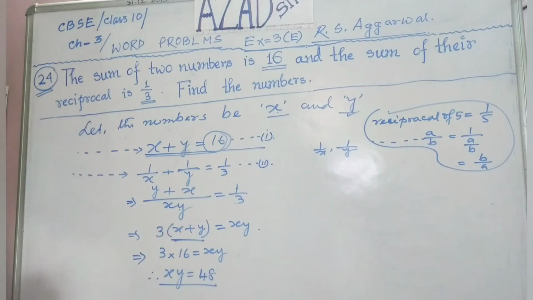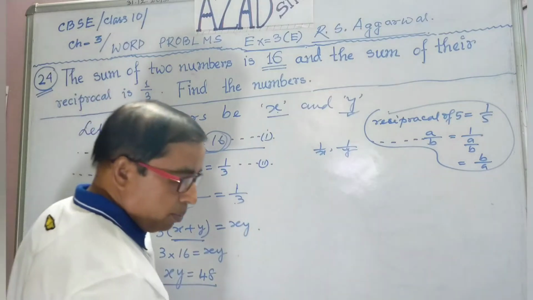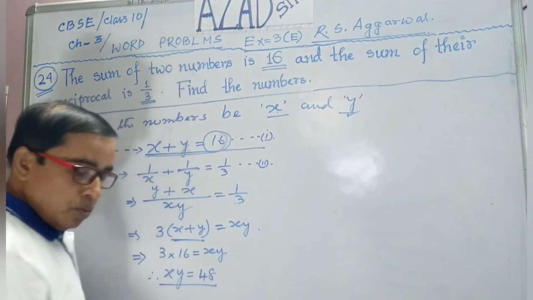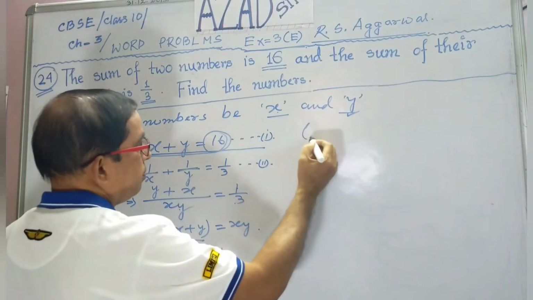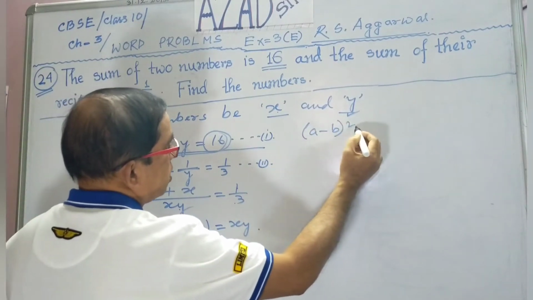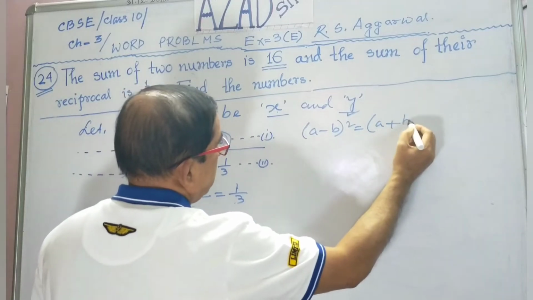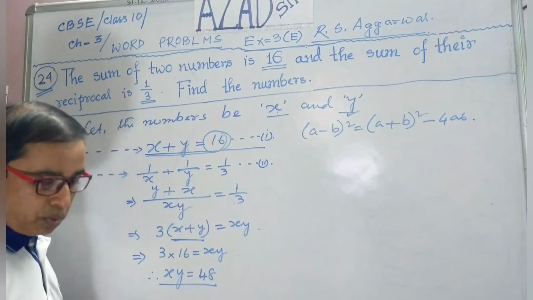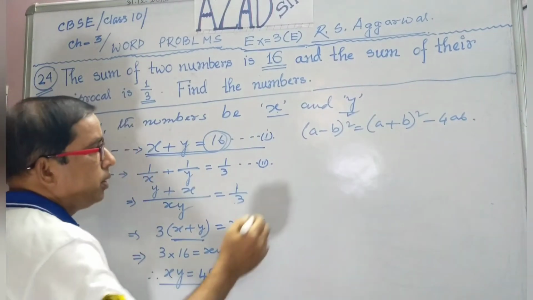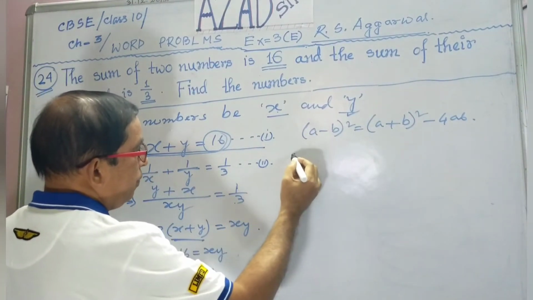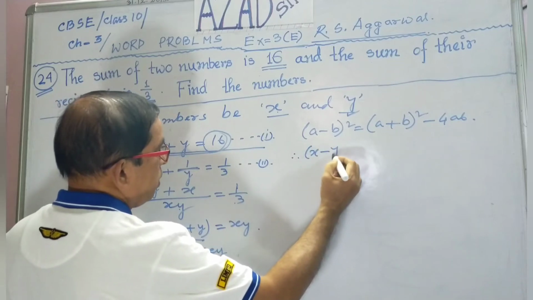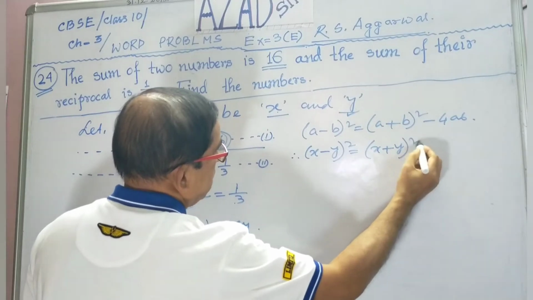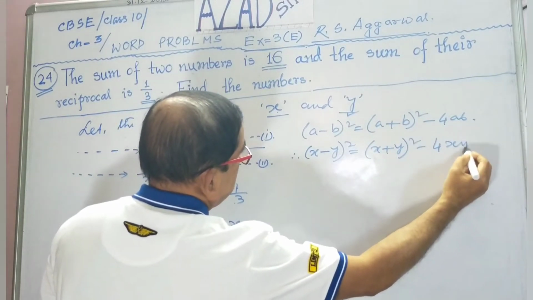Now listen to me. Most probably you have learnt a formula which was like this: a minus b whole square equal to a plus b whole square minus 4ab. So in place of a and b, if I write x minus y whole square, it will be x plus y whole square minus 4xy.